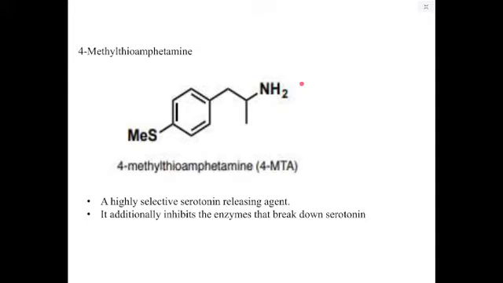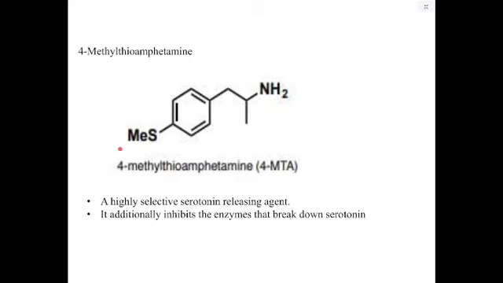Another compound is 4-methylthioamphetamine. So this is quite different. It is actually an amphetamine derivative, and was found to have some activity. Again, it was found to be a compound that releases serotonin.